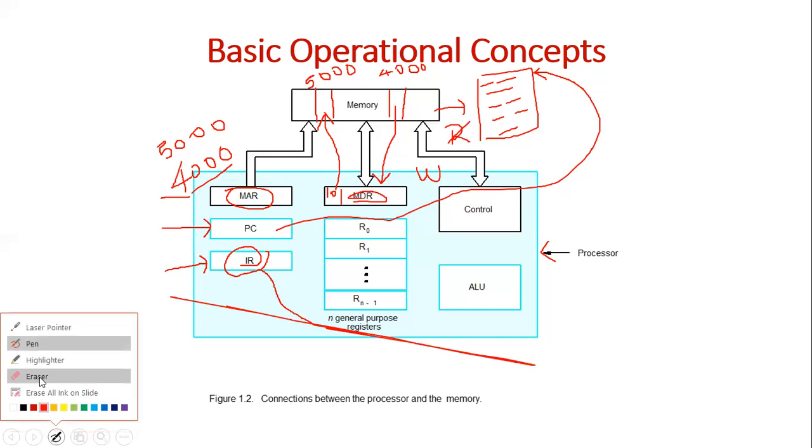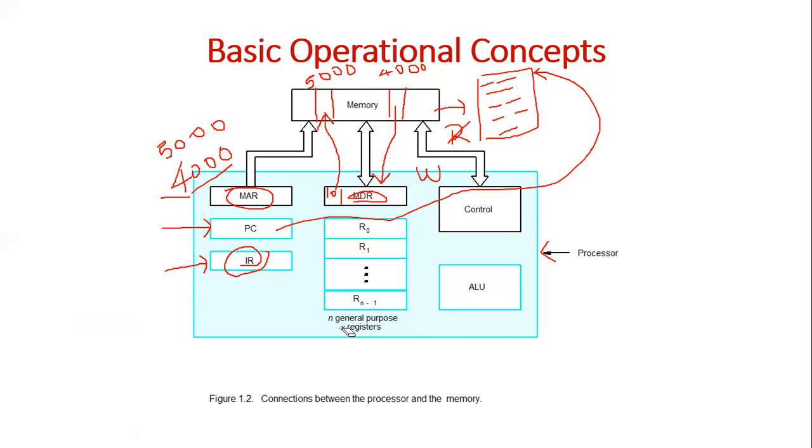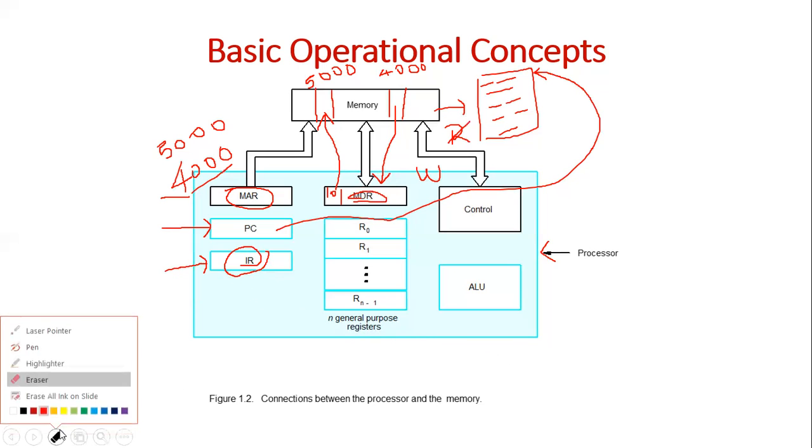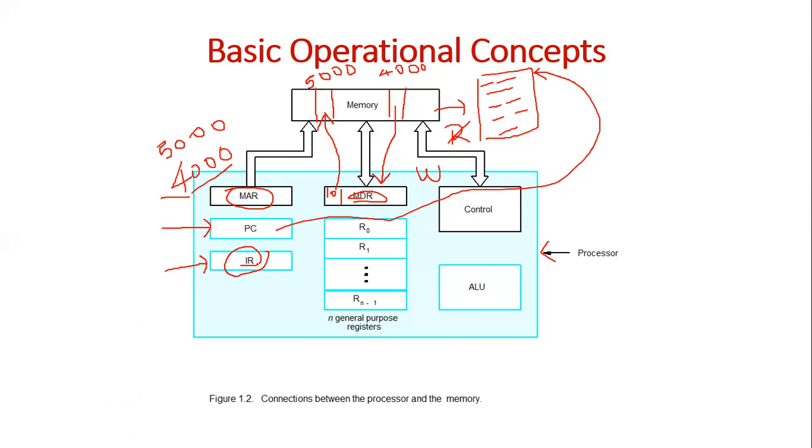After fetching, the processor will decode the instruction and understand what operation is to be performed. If it is add, then the appropriate operands will be fetched and stored in the appropriate registers, and then the operation will be carried out by the ALU, arithmetic and logic unit.